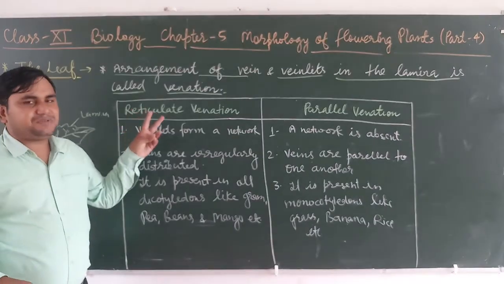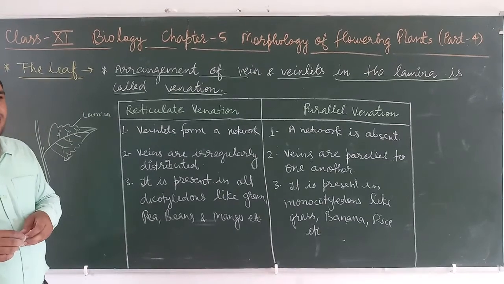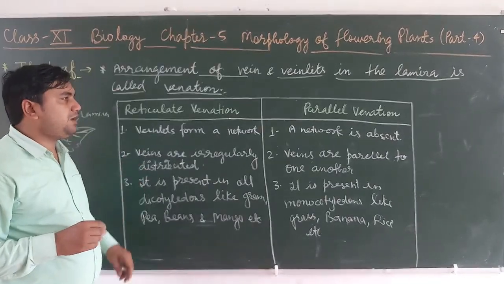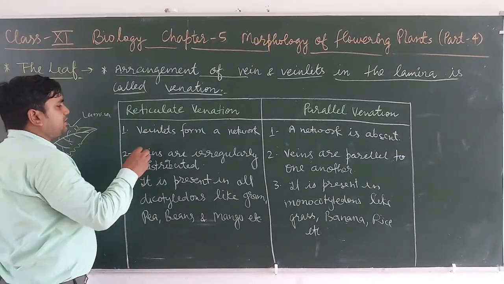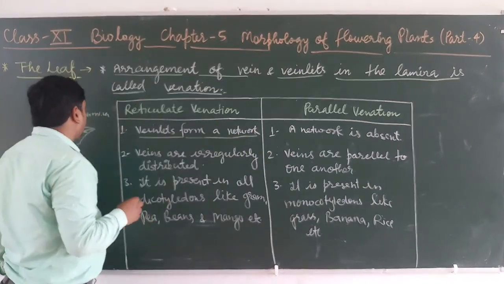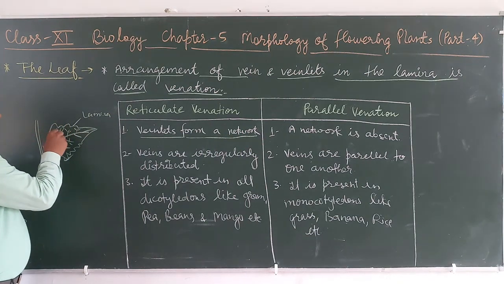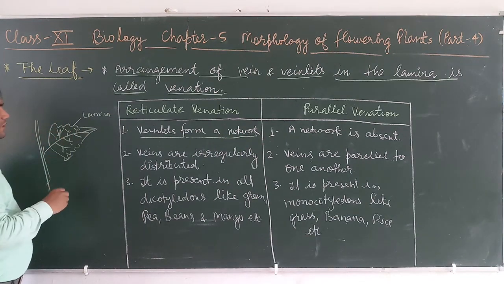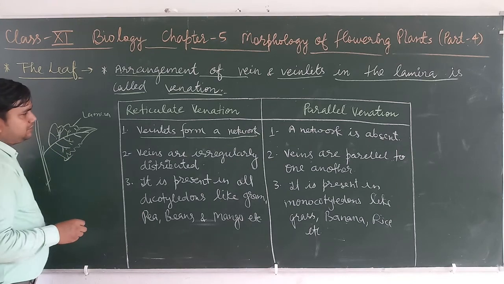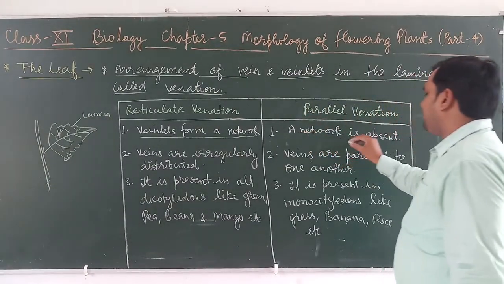There are two types of venation here: reticulate venation and parallel venation. In reticulate venation, veinlets form a network, just like this one, many networks are found. In parallel venation, a network is absent.